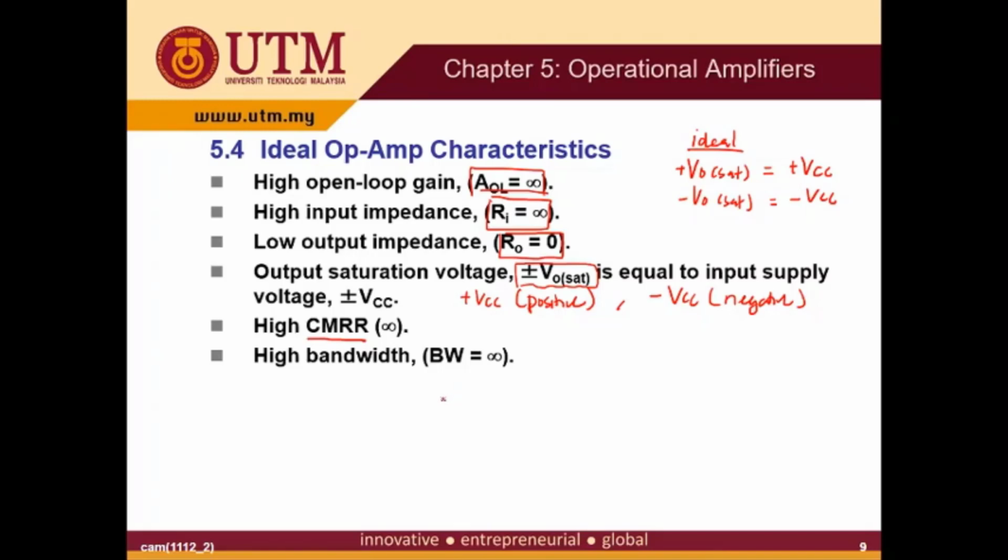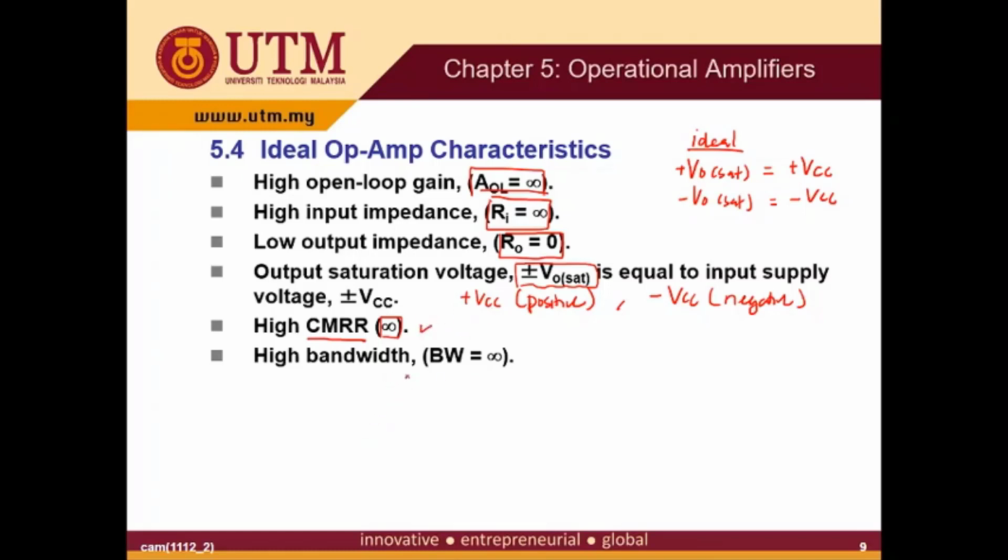Ideally, we want the differential mode to be more dominant than the common mode. So the ratio between the common mode and the differential mode is called CMRR. Ideally, the CMRR is infinity, which means the amplifier operates only as a differential amplifier.